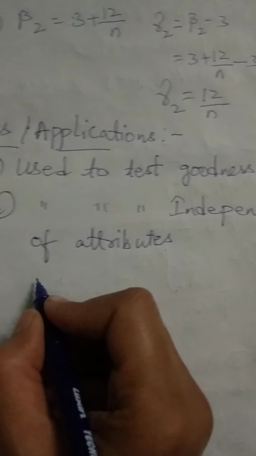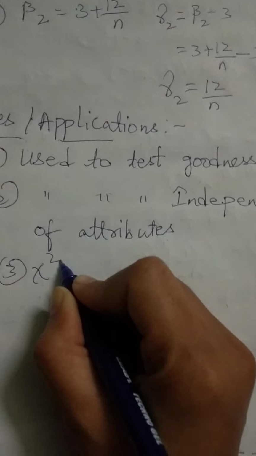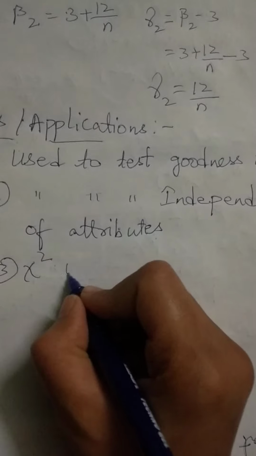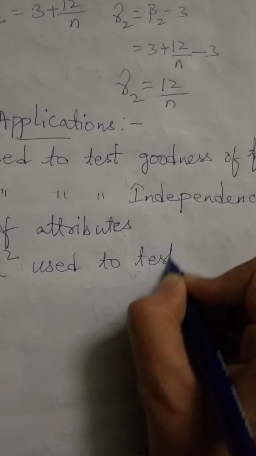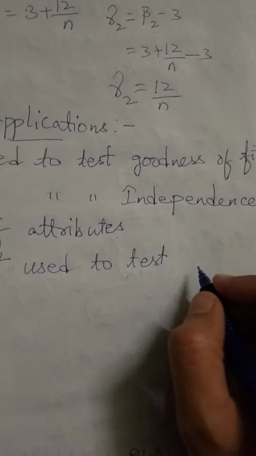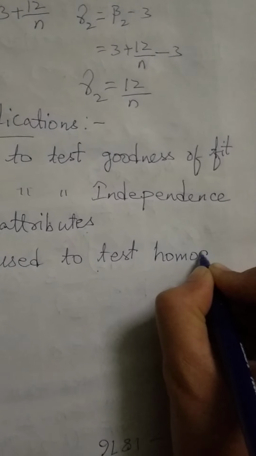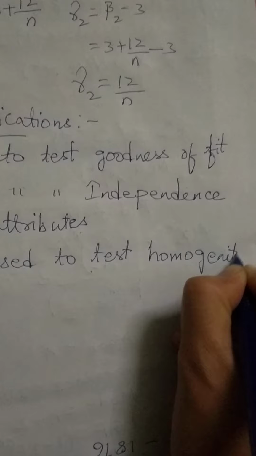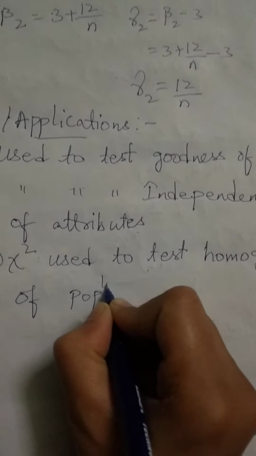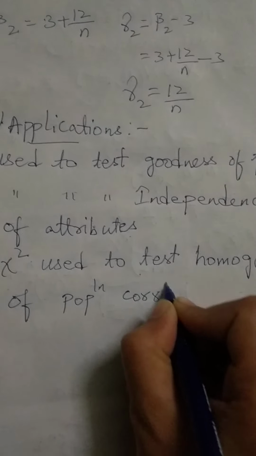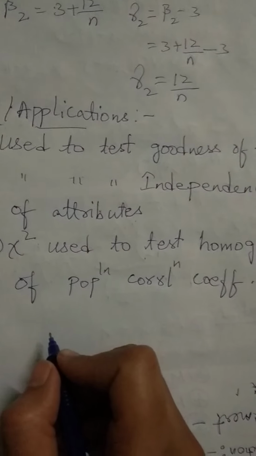Then the third one: chi-square is used to test homogeneity of population correlation coefficient. Just remember as you can.